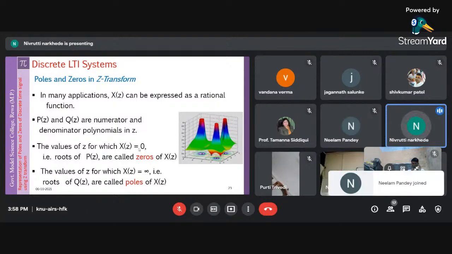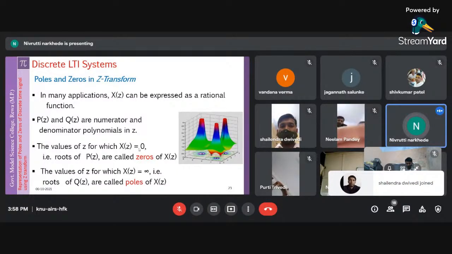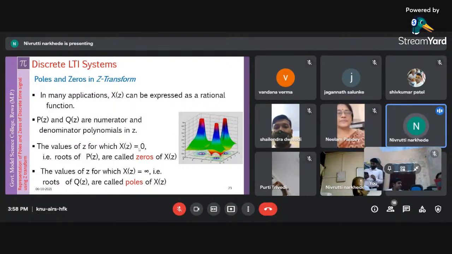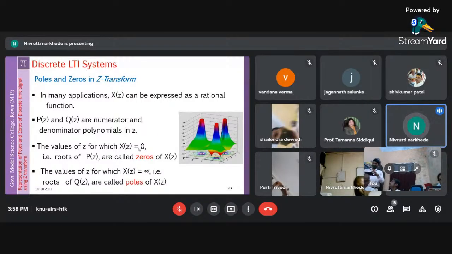If we set the denominator to 0, that means factorizing the denominator polynomial, the values obtained are called poles. So poles are the values of z at which the transfer function tends to infinity, and zeros are the values of z at which the transfer function becomes 0. That means ultimately we equate the numerator to 0 and solve, and we get the zeros.